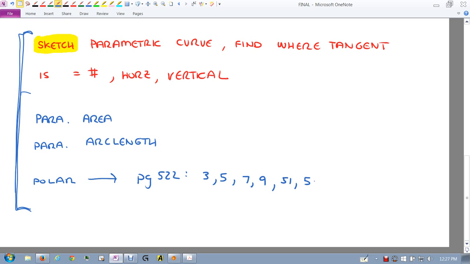Then 51, 53. The first couple here are just about understanding how polar and Cartesian work. The last two are just derivatives. Okay, I think that's it.